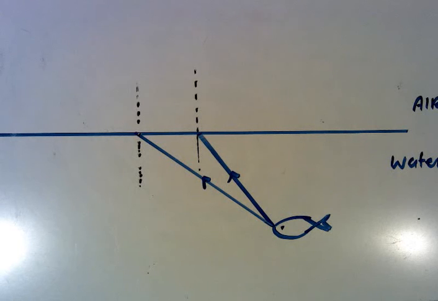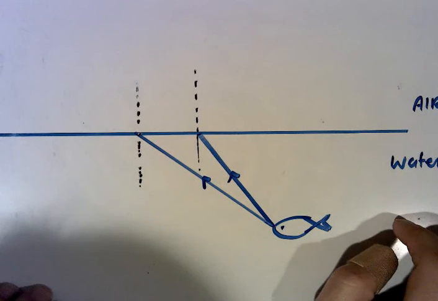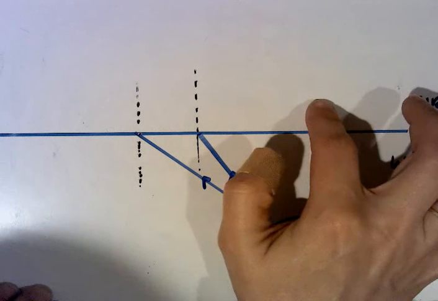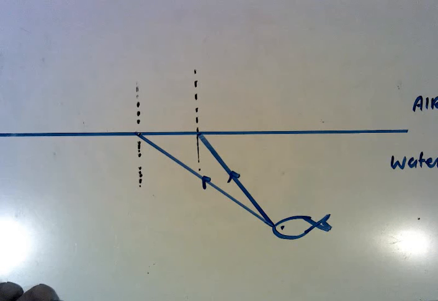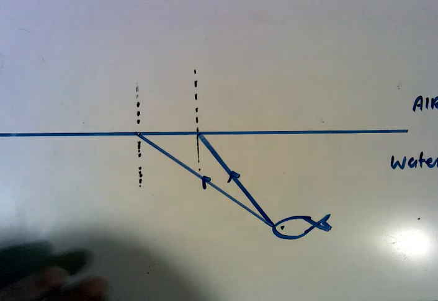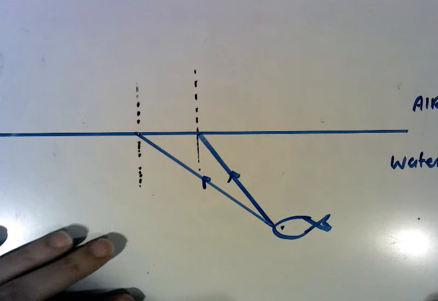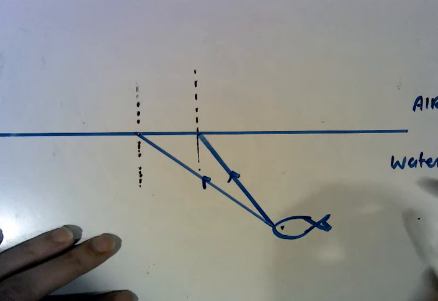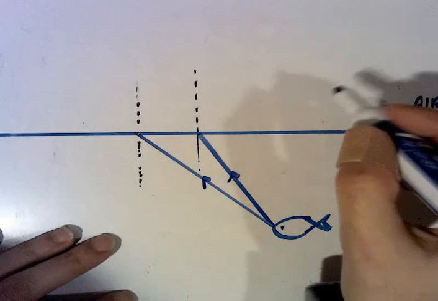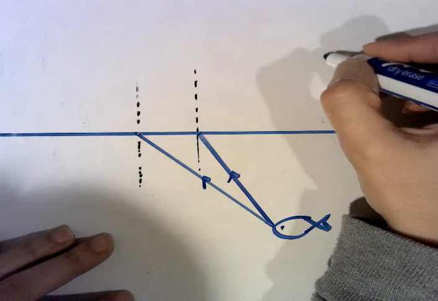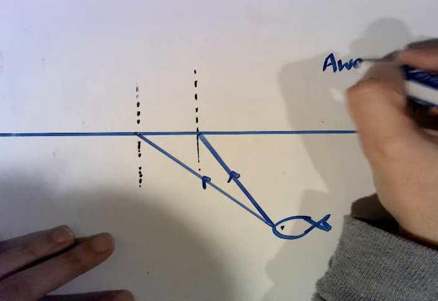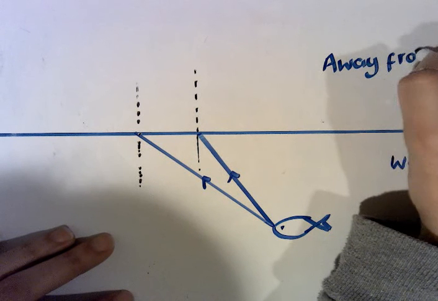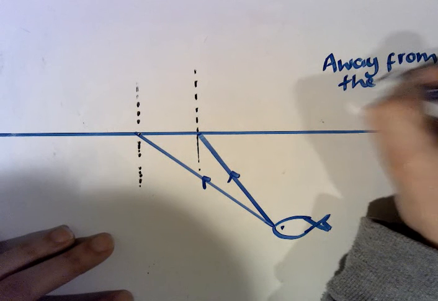Now when we are going from a more dense medium to a less dense medium, we have to think about which way our rays are going to move relative to the normal line. So when we're moving this way from more optically dense to less optically dense, they're going to move away from the normal line.